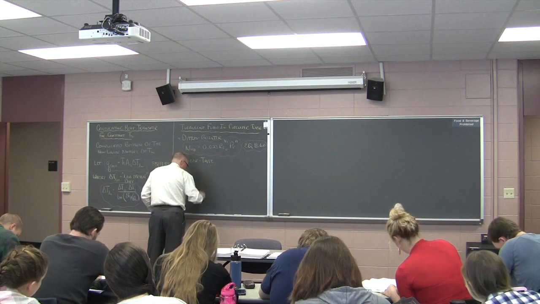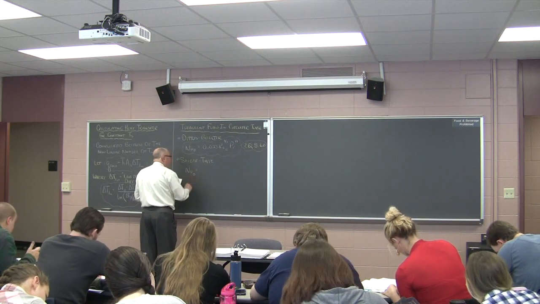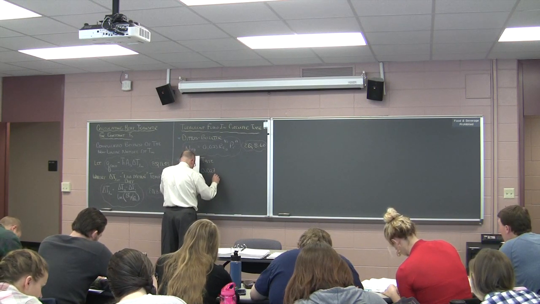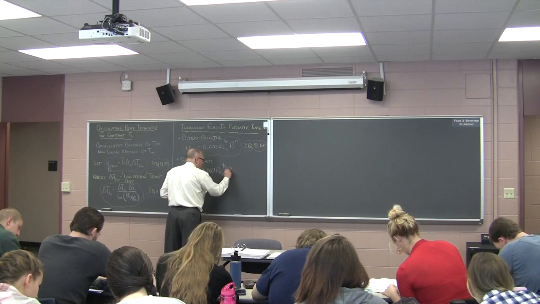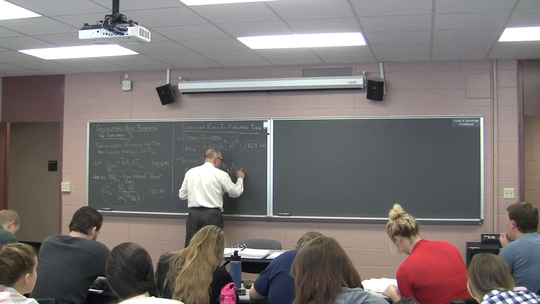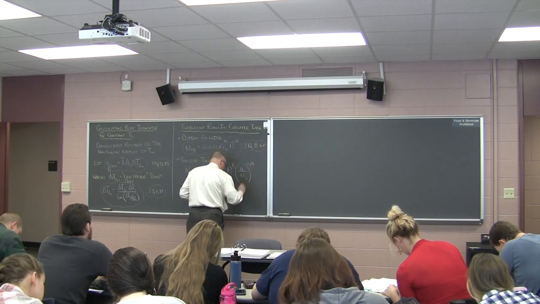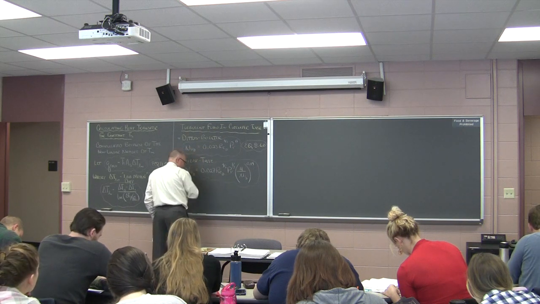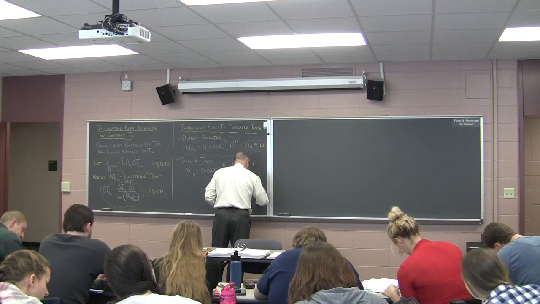The Sieder-Tate equation is the Nusselt number as a function of D equal to 0.027 times the Reynolds number to the 4/5 times the Prandtl number to the 1/3 times mu over mu sub s to the 0.14. This is equation 8.61.